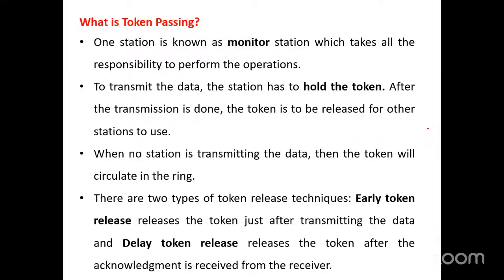That is called early token release. The second one is delayed token release. Suppose one station has the token and sends the data. Only when that station receives confirmation that the data has been delivered at the destination will it release the token. This process is called delayed token release. Very simple.